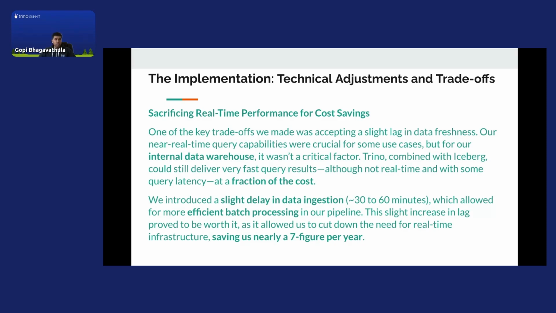We introduced a slight delay in data ingestion, which allowed for more efficient batch processing in our pipeline. This slight increase in lag proved to be worth it, as it allowed us to cut down the need for real-time infrastructure, saving us nearly a seven-figure amount per year.